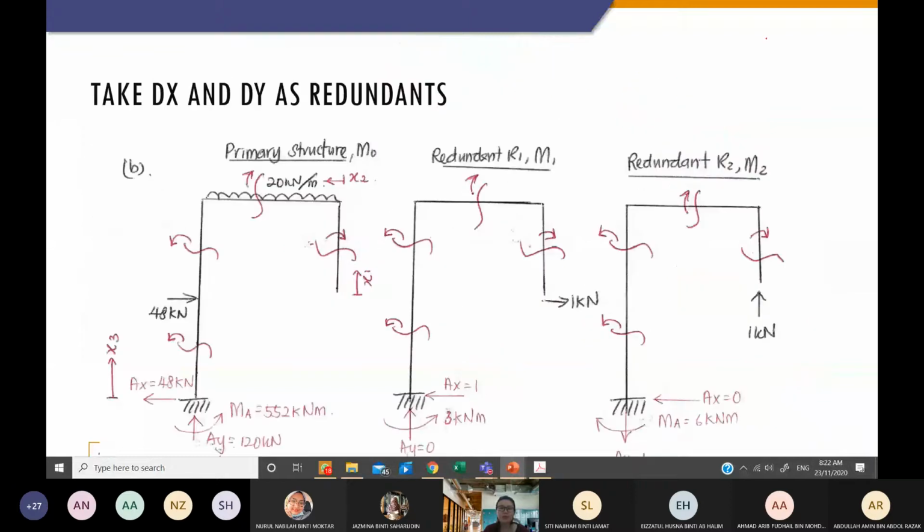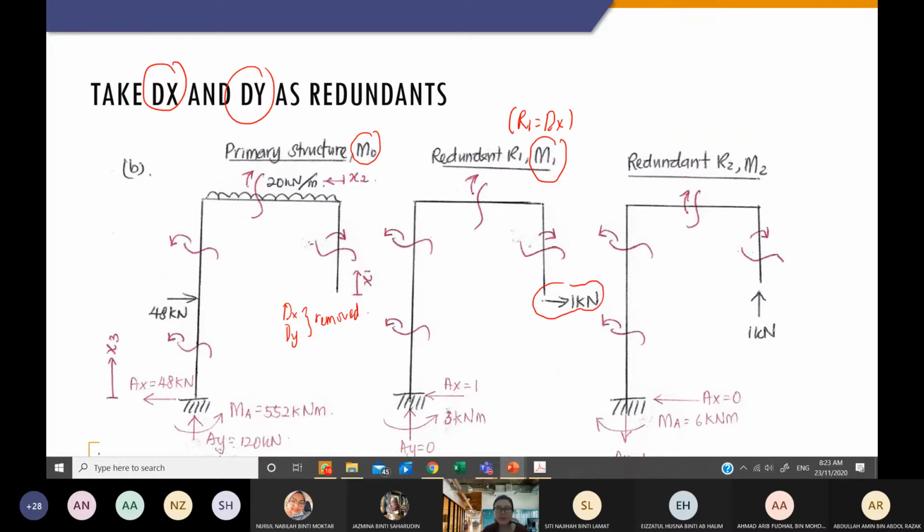Now here, you can see that we have taken dx and dy as our redundants. So in the primary structure, you need to remove all the dx and dy, and you can see that dx, dy has been removed. In the first redundant, R1 is equal to dx, so you apply back the dx with 1 unit force.